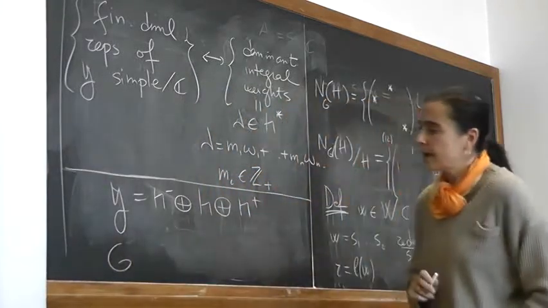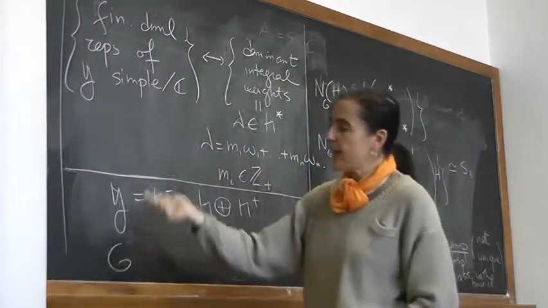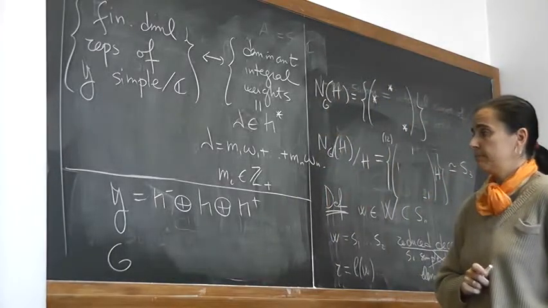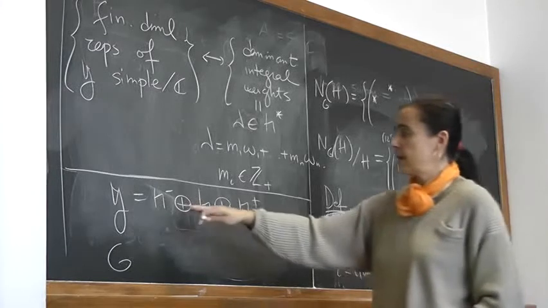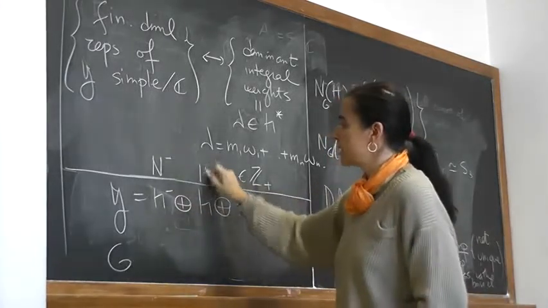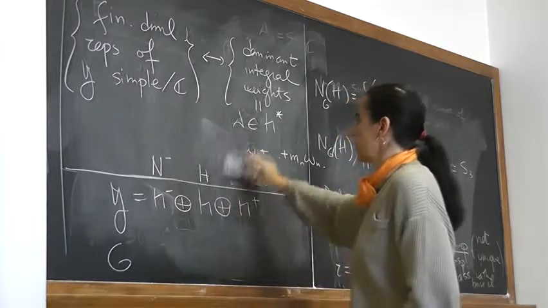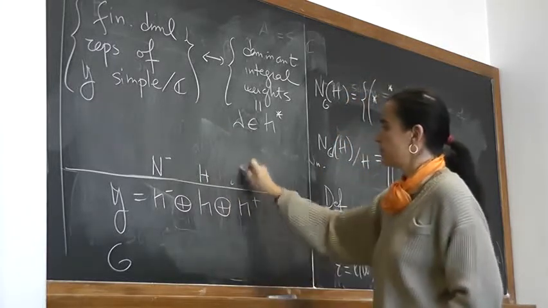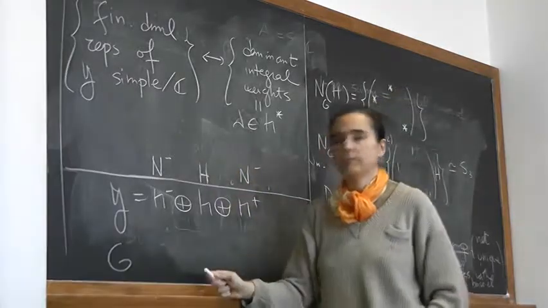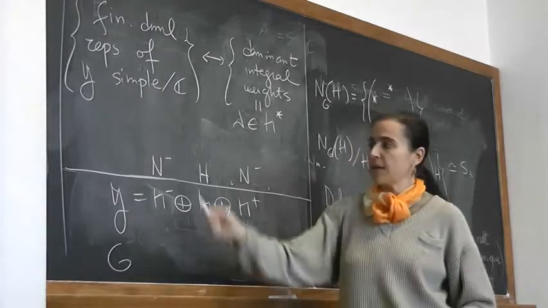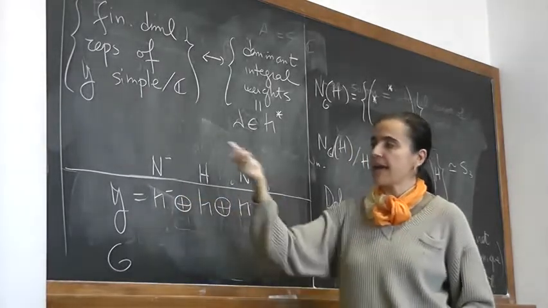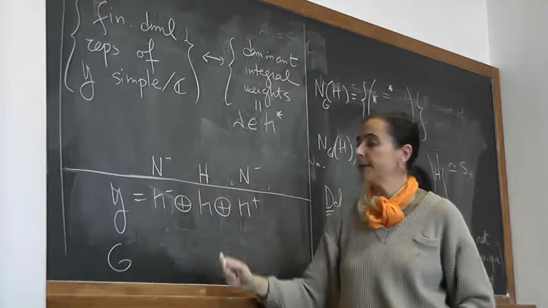So G sits here with tangent space, this. Each of these subalgebras have corresponding subgroups. The Lie algebra is the sum of three things, and each of these subalgebras has a corresponding Lie subgroup.